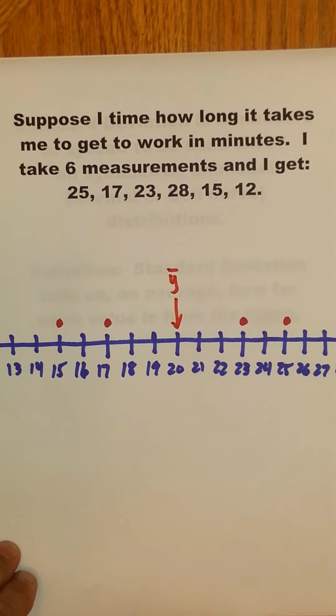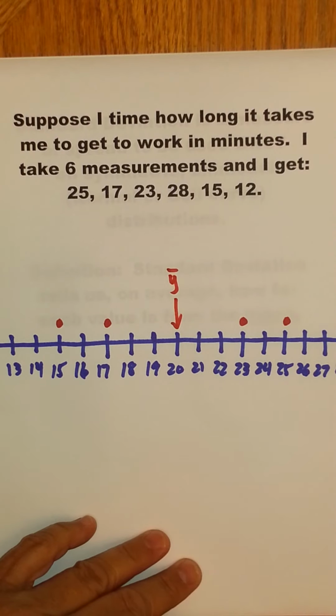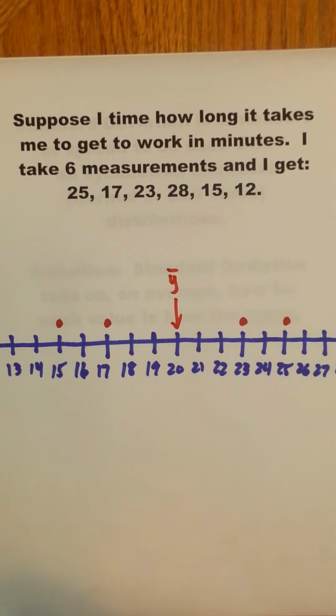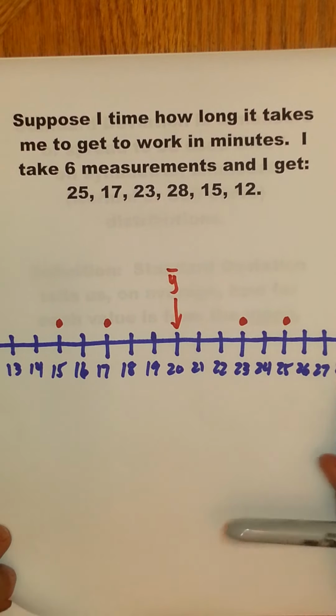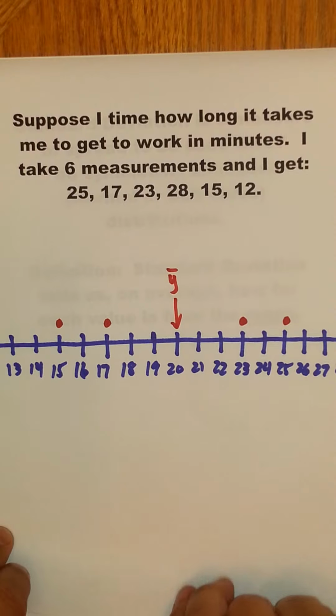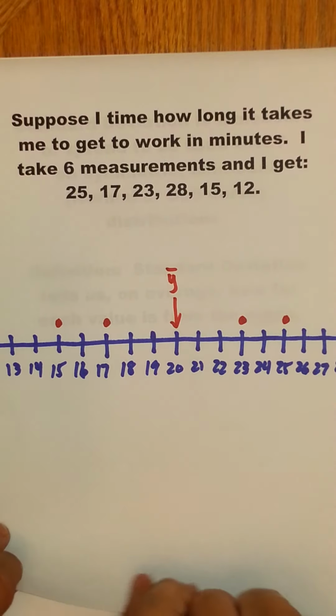If I ask how far is, for example, this value, 28, from 20, what would you say? You'd probably say 8. And if I asked what you did in your head, you'd say, well, I just took 28 minus 20. Well, that's exactly what we're going to do for every value. We're going to find out how far each value is from the mean.